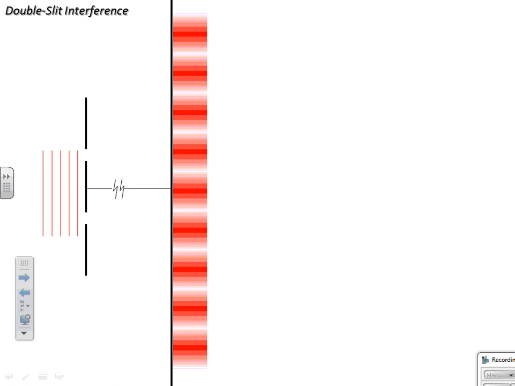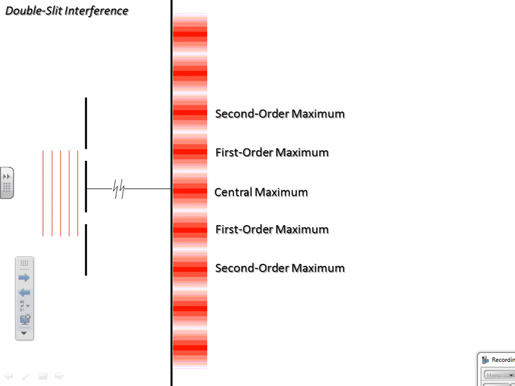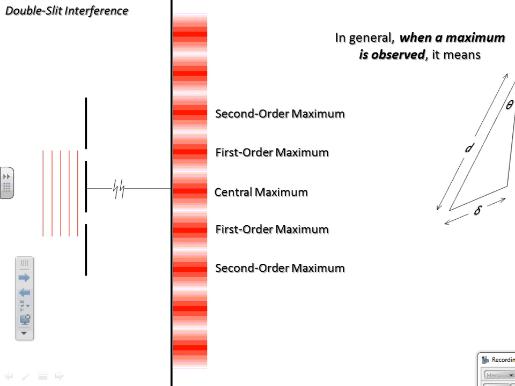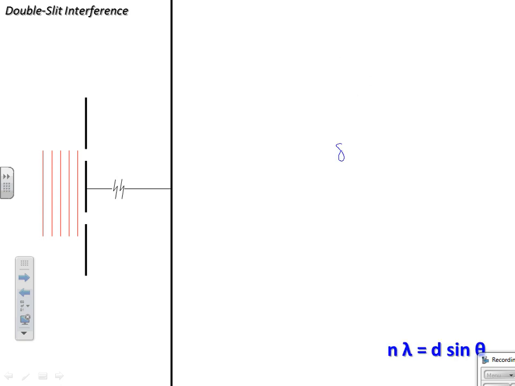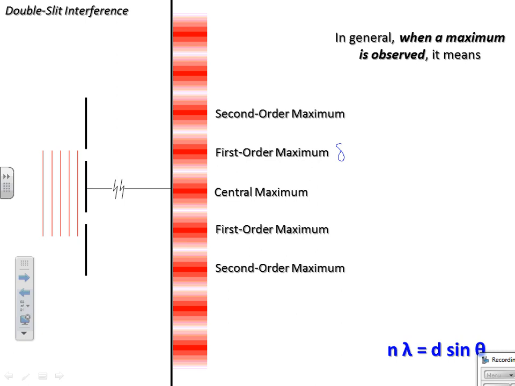So really, this pattern just like I said, keeps repeating itself. There's the central max, there's the first order, here's a second order maximum, and a third order maximum, and so on and so on. Whenever we see a maximum, it means that our path length difference was equal to 1 wavelength.